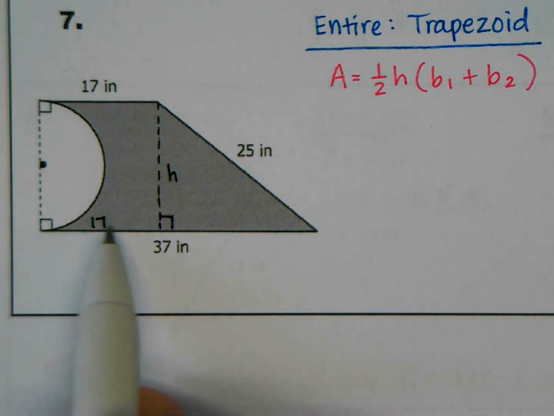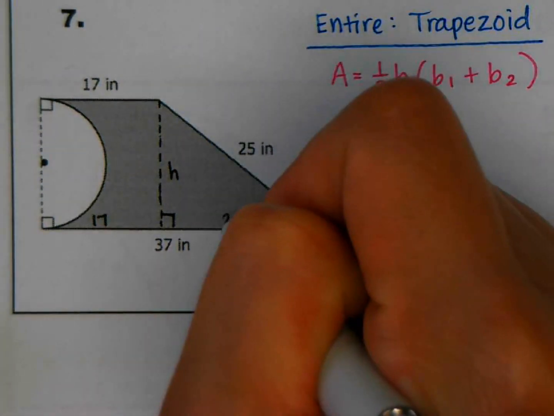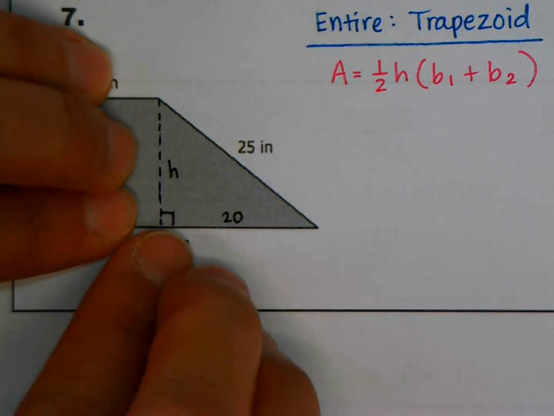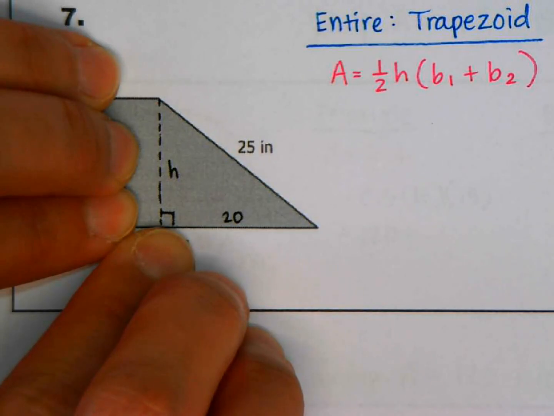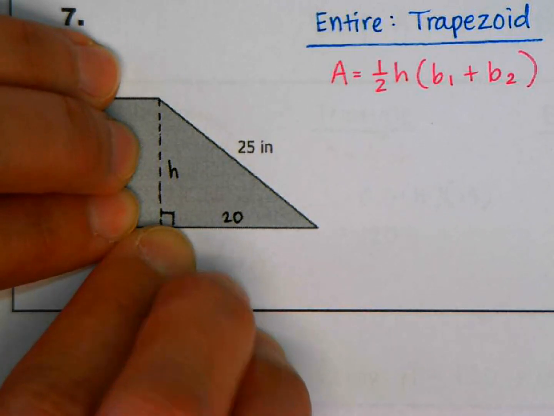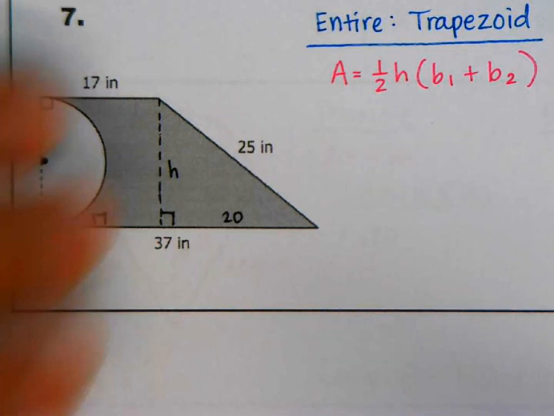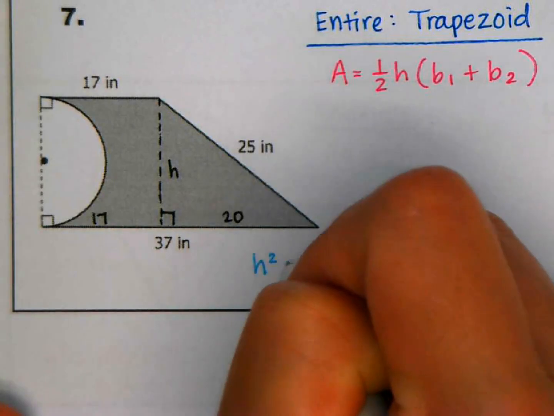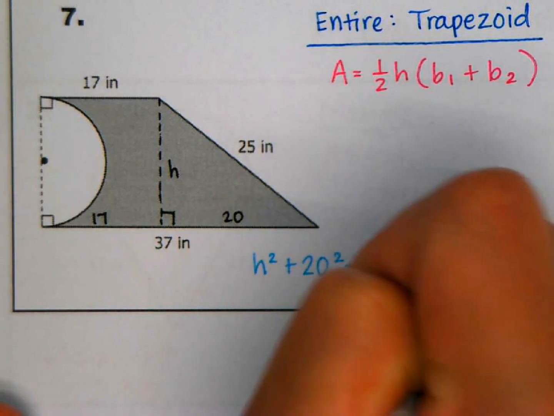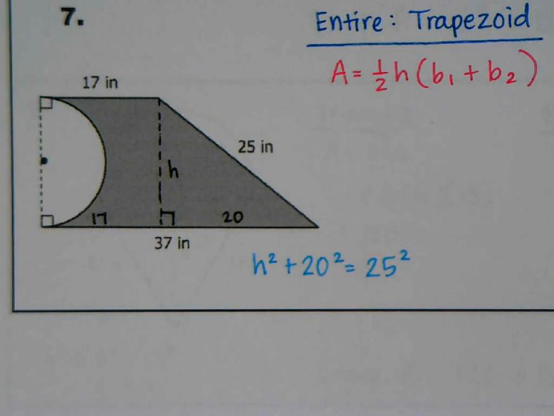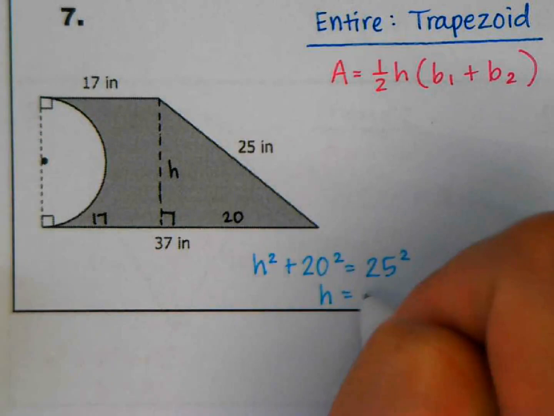So I'm looking at, just cover this up, this triangle right here. A right triangle where H and 20 are the legs and 25 is the hypotenuse. Leg, leg, hypotenuse. So leg squared plus leg squared is equal to hypotenuse squared. And you will get a very nice number. It's 15, if you do that Pythagorean theorem.